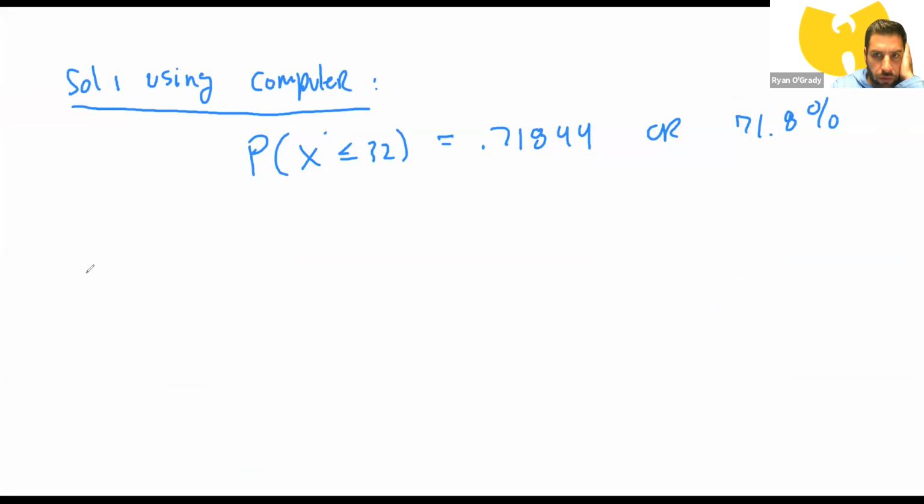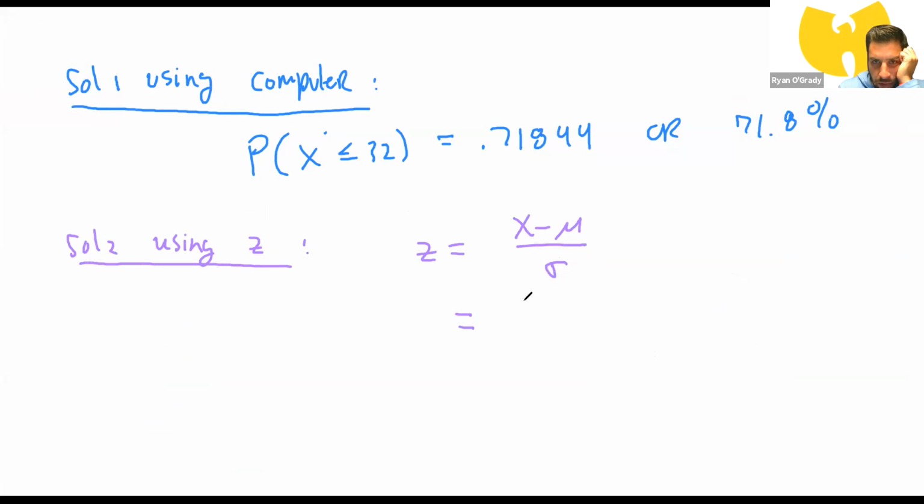So solution 2, we'll convert to Z. Remember, Z is x minus mu over sigma, which in this problem is 32 minus 28 over 5, which is 4/5.